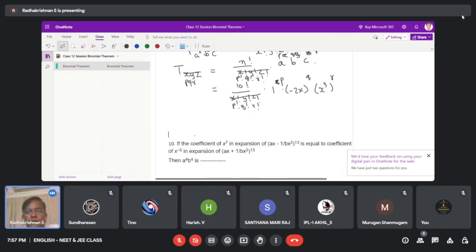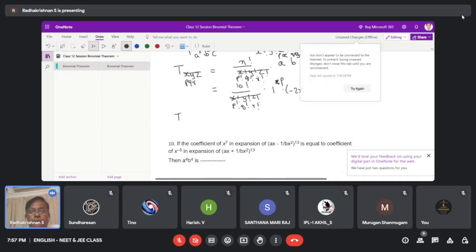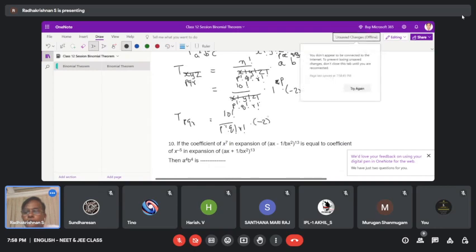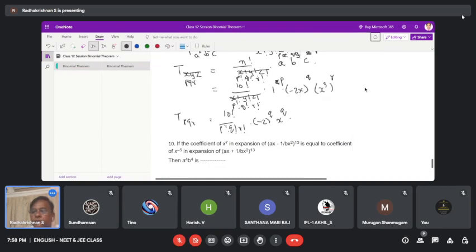So the general term T p q r is going to be 10 factorial by p factorial q factorial r factorial into 1 to the power of p, minus 2 to the power of q, x to the power of q, x to the power of 3r.